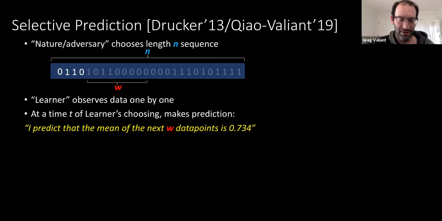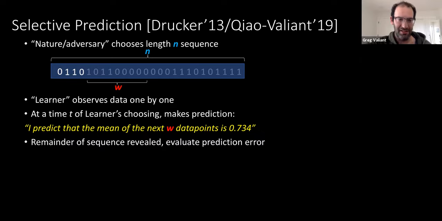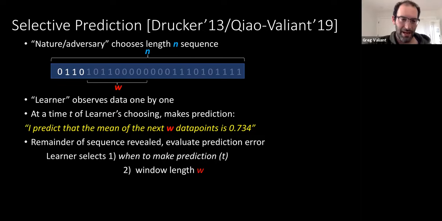At that point the game ends, the sequence is revealed, and we evaluate the prediction error, the squared difference between the prediction and the actual average of those W data points. Crucially, the learner is the one who selects when to make the prediction, although it turns out that's not so important. The learner also selects the window length W over which their prediction corresponds.